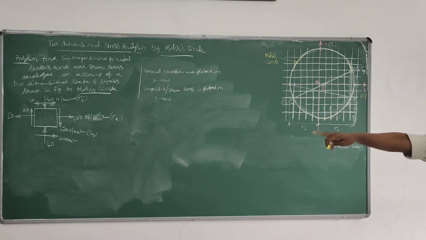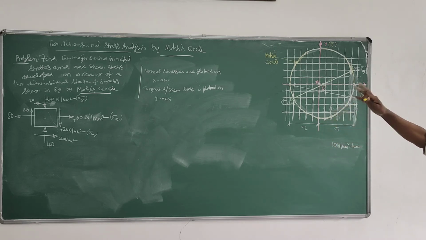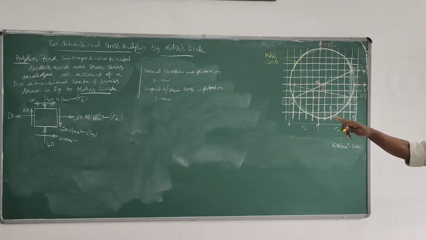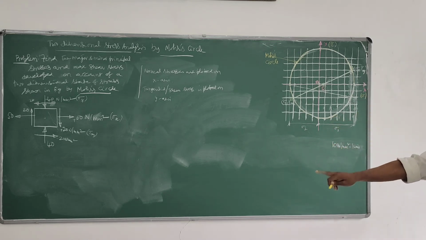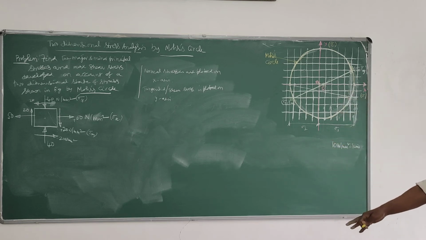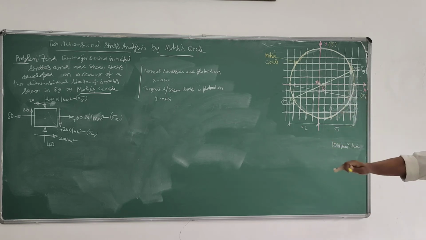Given a 2-dimensional state of stress, first you select a vertical plane, you plot the normal stress and tangential stresses which are acting on that, keeping this sign convention: all tensile normal stress positive, all shear stresses giving clockwise movement about any point within the block positive. That is very, very important.